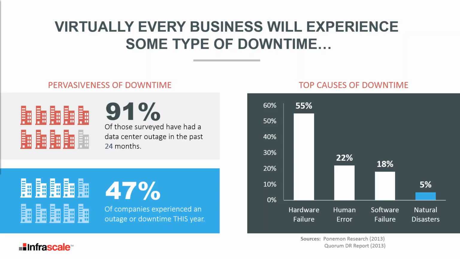Also, for anyone else on the line today, taking a look at the slide that I have up here, we're saying every business will experience some downtime. Now, if you look at this graph on the bottom right, the top causes of downtime, you can see that 55% is from hardware failure and then 22% from human error. So many of you on the line already have experienced some type of downtime.